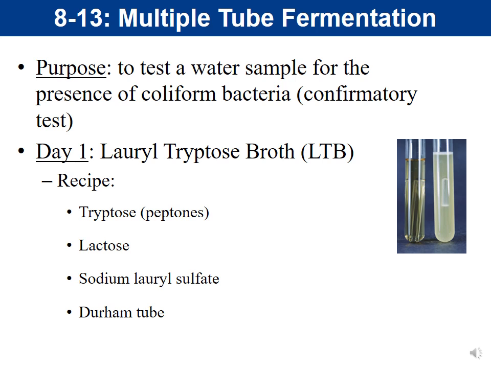The other negative is that if you see growth but no gas. Growth but no gas is also a negative. What that means is that the bacteria is gram-negative, but it's not a coliform because it didn't ferment the lactose to produce the gas. So for this one, you want to know, what does the positive look like? What does the negative look like, and why?